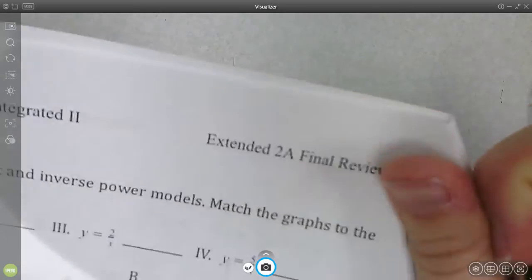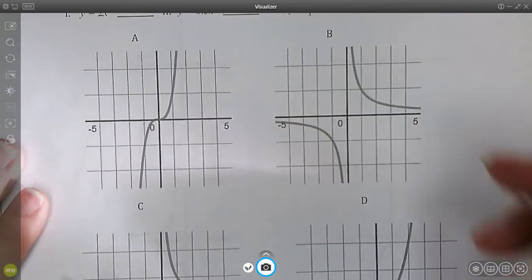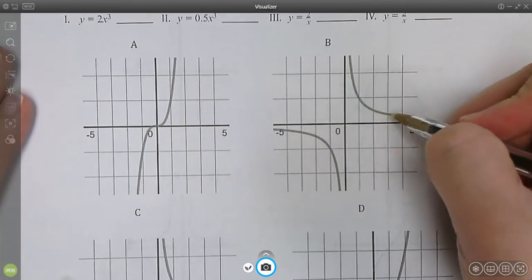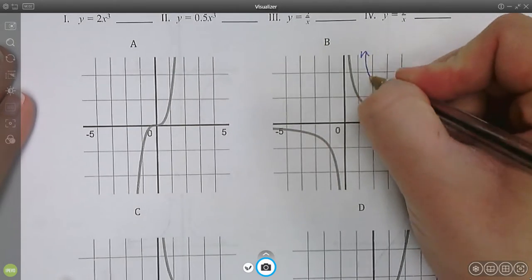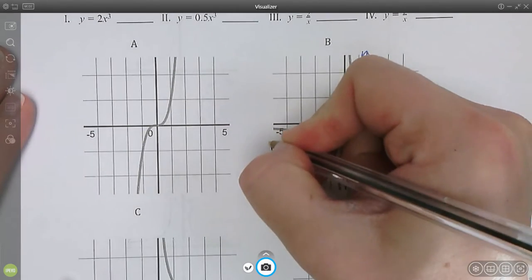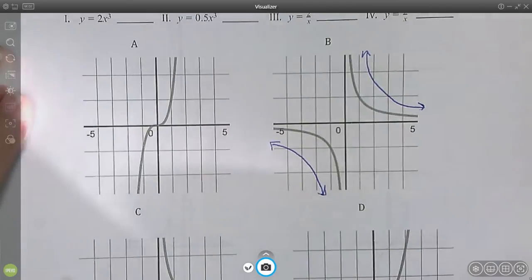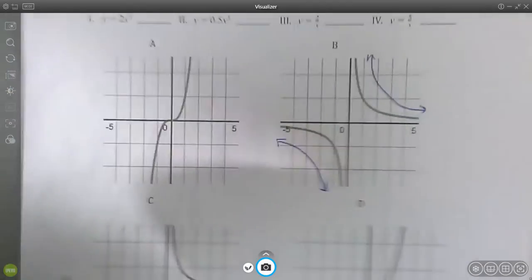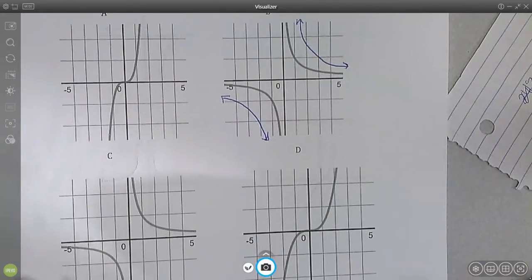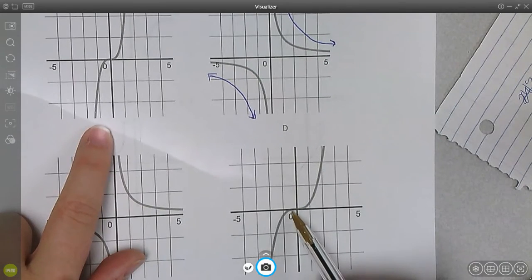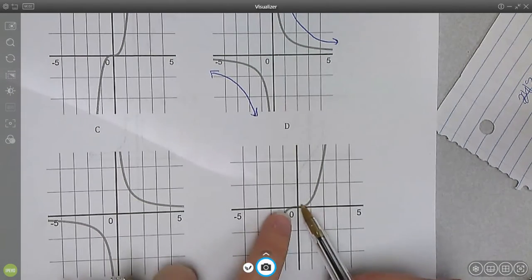Okay, now this next page, it's got somewhat of a typo. So instead of having this graph, just move it out here, and then we can match. So we have two S-shaped graphs. This one is wider.